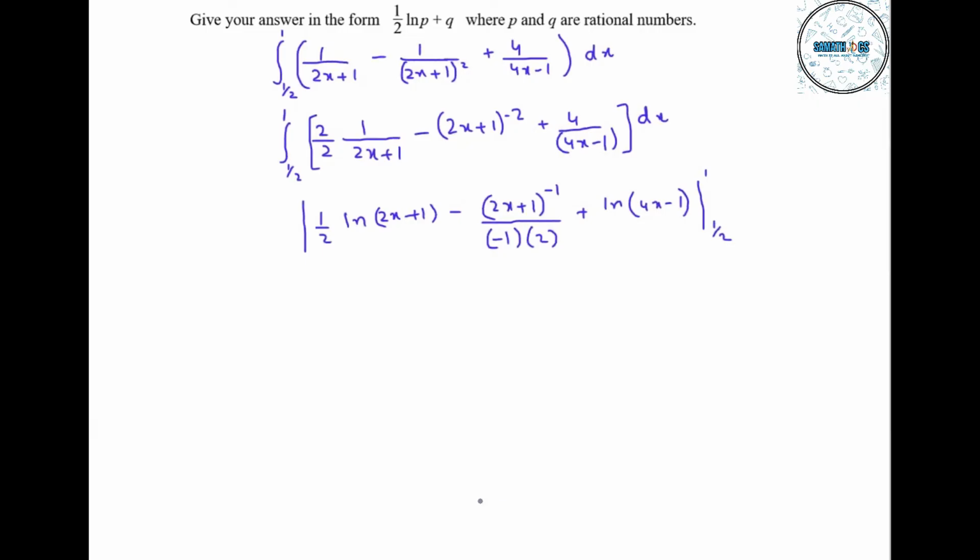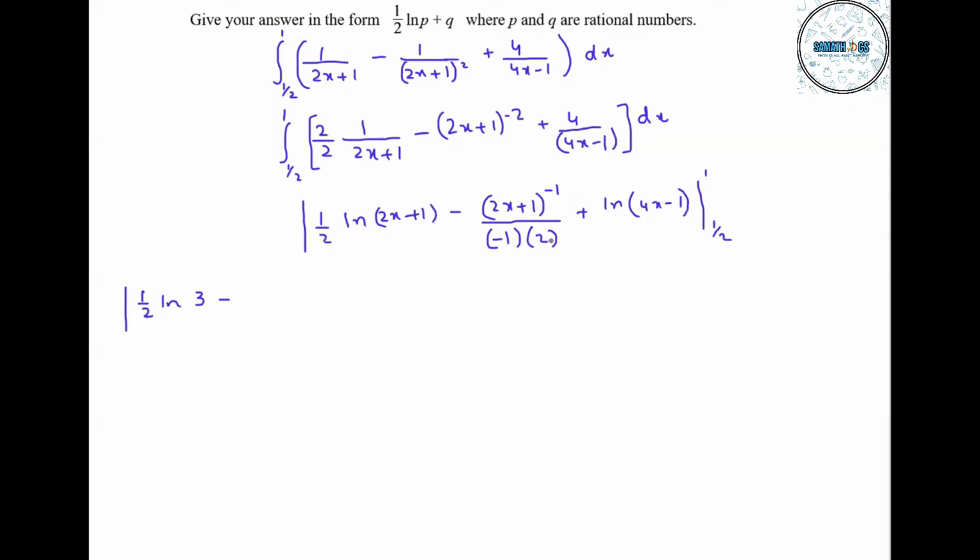Now we can substitute here limits. So 1 upon 2 ln, when we will substitute here 1, this will become 2 plus 1 is 3, so we will have here ln 3. We can take this to the denominator, so this will become (2x plus 1) with power 1.